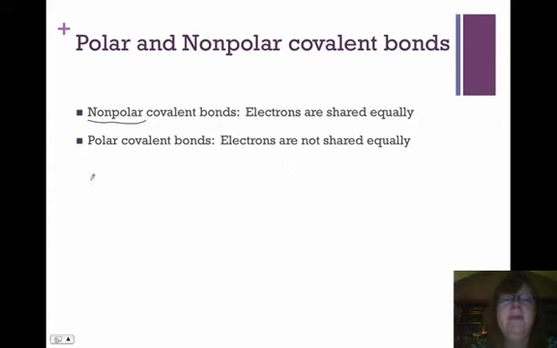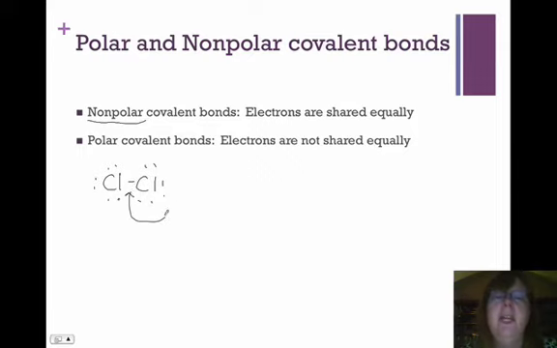Examples of this would be our diatomic molecules. So here we have chlorine with chlorine, and which chlorine is more electronegative? It has the same electronegativity, and so the electrons in that shared bond are shared equally. So we classify that as a non-polar covalent bond.